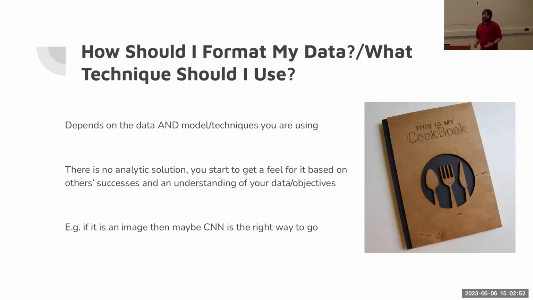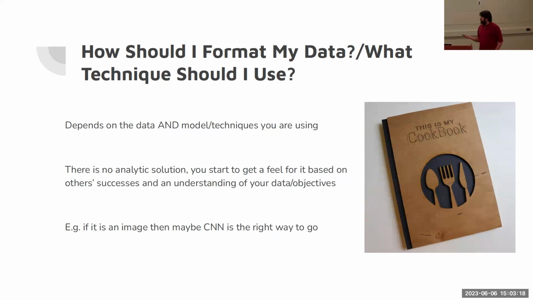You're sitting in a first year physics mechanics class, and Bob throws a ball and you immediately go, kinematic equations, I know F equals ma. It doesn't work like that for this. So there isn't really an analytic solution. I can't give you an algorithm that says, if this, then use convolution. If that, then use this other thing.